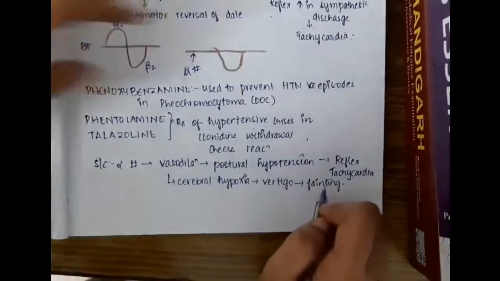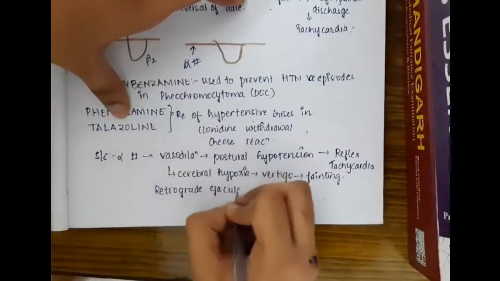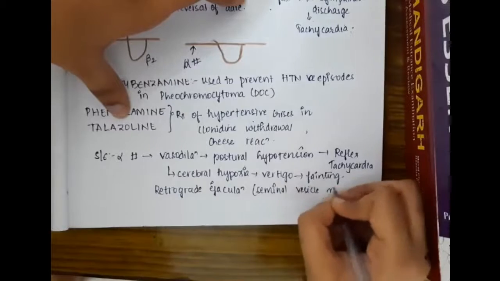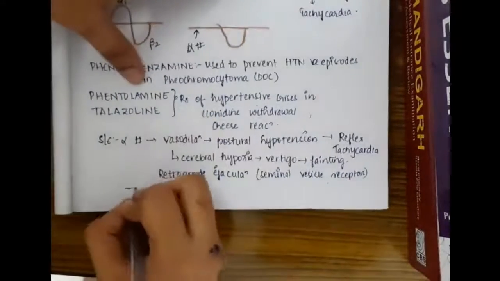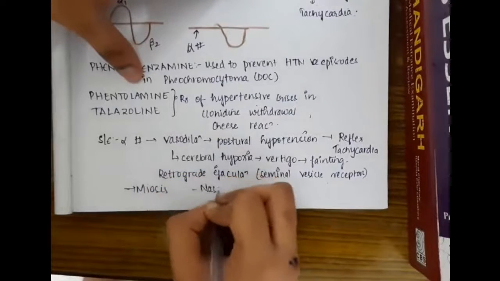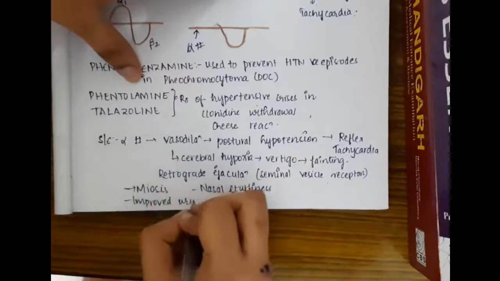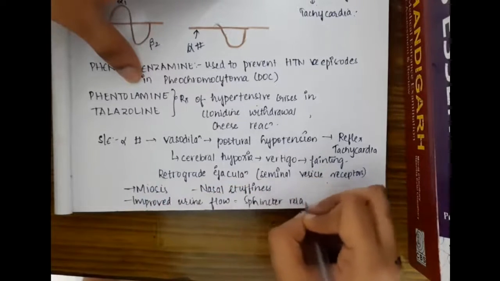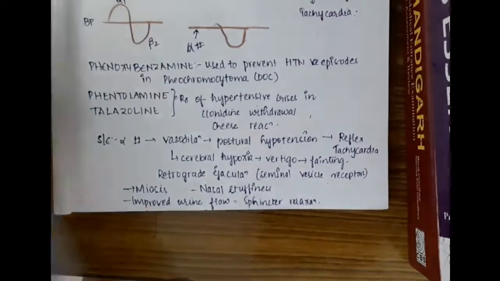These alpha blockers also cause retrograde ejaculation because of the seminal vesicle receptors. They also cause miosis, nasal stuffiness, and they cause improved urinary flow due to sphincter relaxation. So these are the important points about the non-selective alpha blockers.